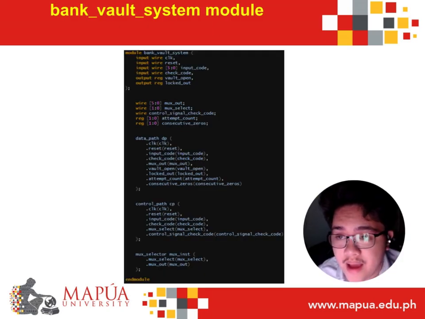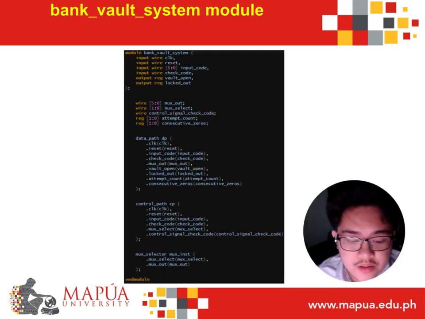This is the bank vault system module. This module is a finite state machine or control system that manages access to a bank vault based on an input code. It uses a combination of data processing and control logic to handle the input, check for validity, manage access attempts, and potentially lock out users after a certain number of failed attempts.